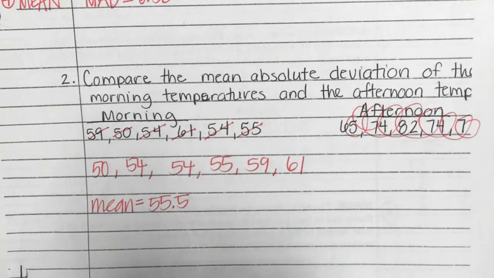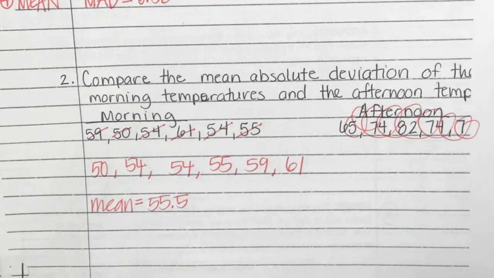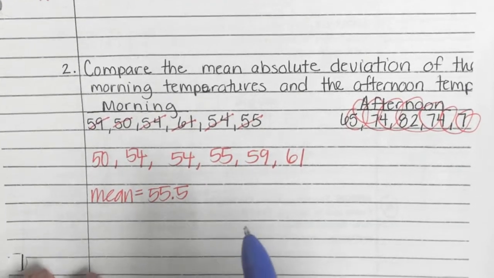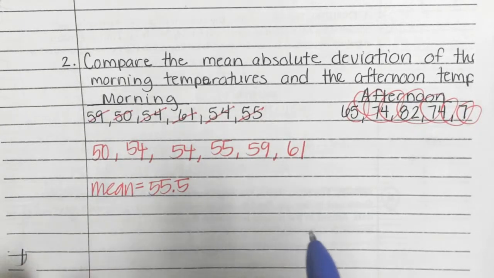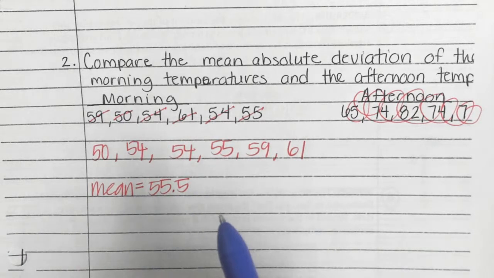It's about right in the middle. What do we do after we find the mean? Distance. And I'm going to go through. I like doing this, like I said. If you want to do some of this in pen, that's fine. Understand, you need to be able to erase it or do something. But if you want to do it in a different color, that's fine. This way I know that my second set of numbers is in a different color so it stands out to me. And those are the ones that I use in the end.